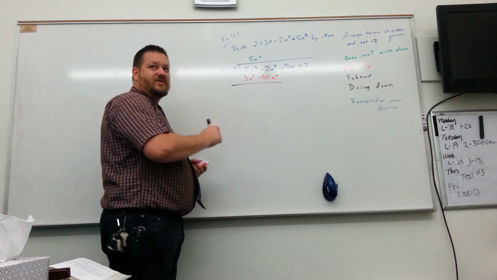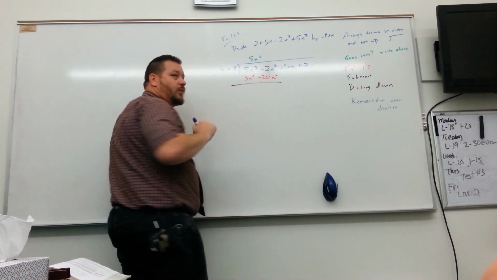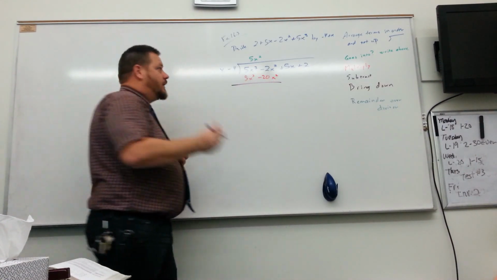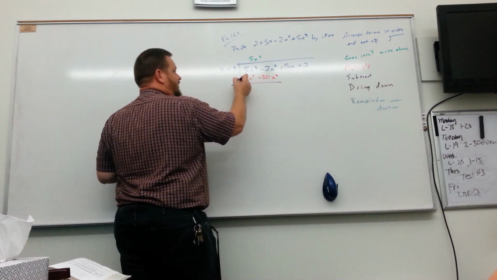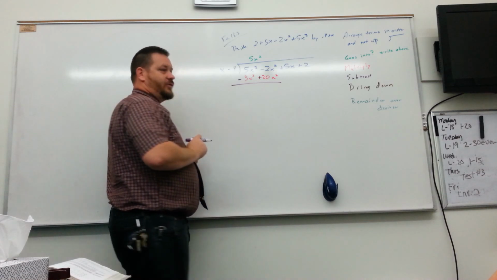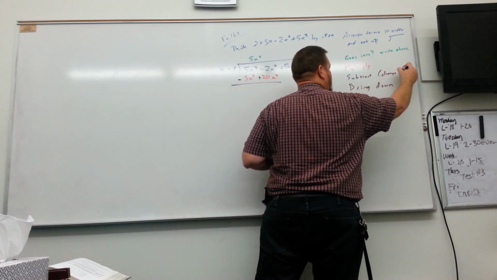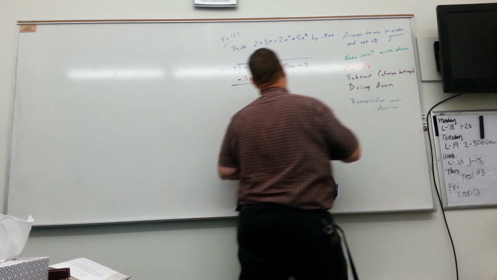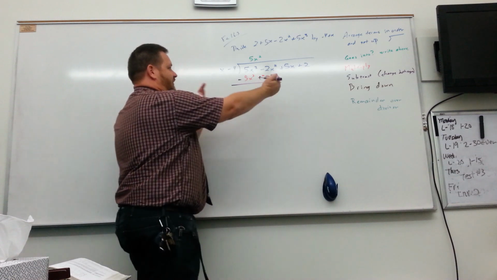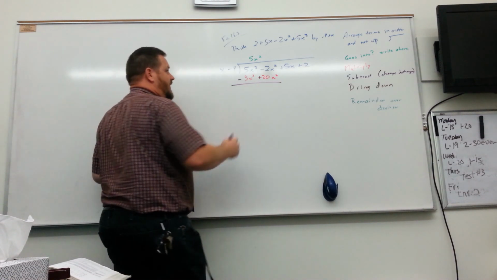Because if you don't actually write this down, you're probably going to say, okay, these two cancel, then you're going to have negative 22x squared, which would be wrong. Because we're subtracting this whole thing. So I need to change both of those signs. It's kind of like having the 5x cubed minus 20x squared in parentheses, and you subtract that. So you have to distribute that negative.